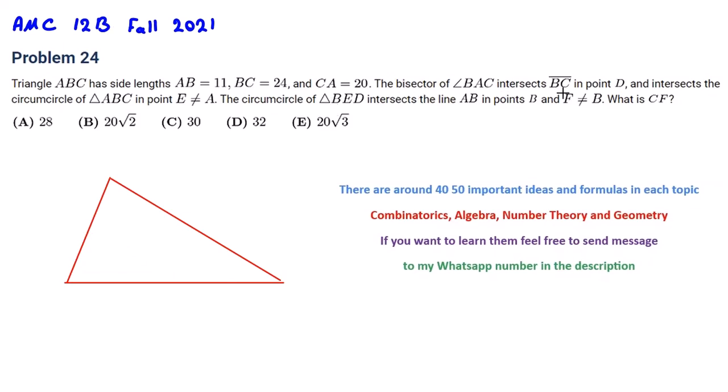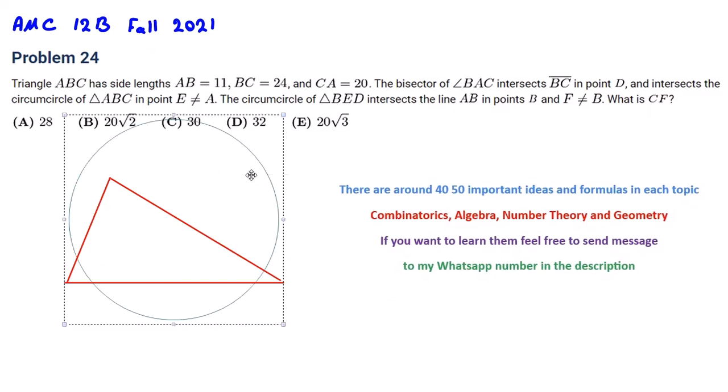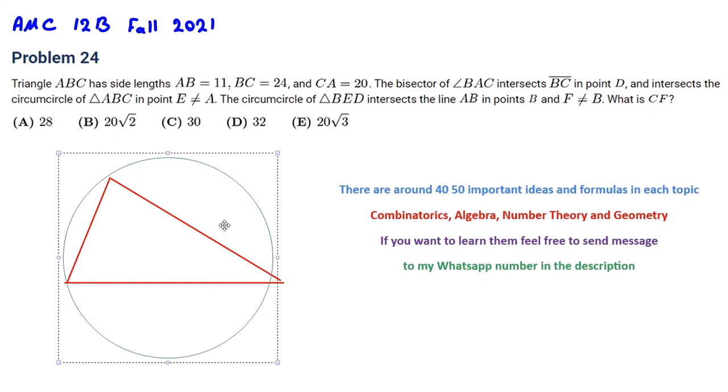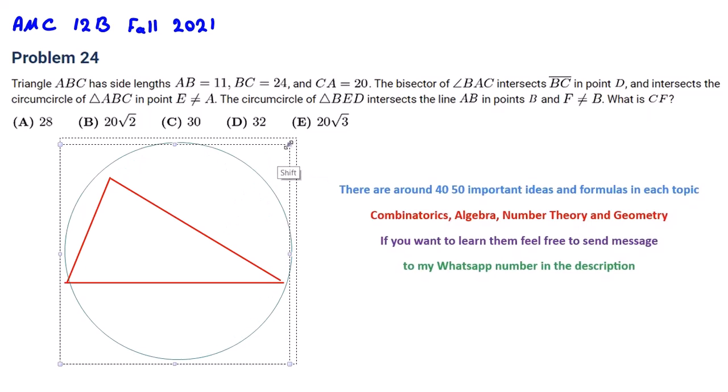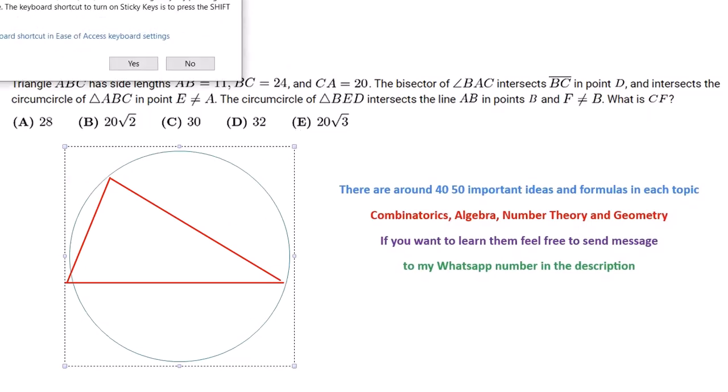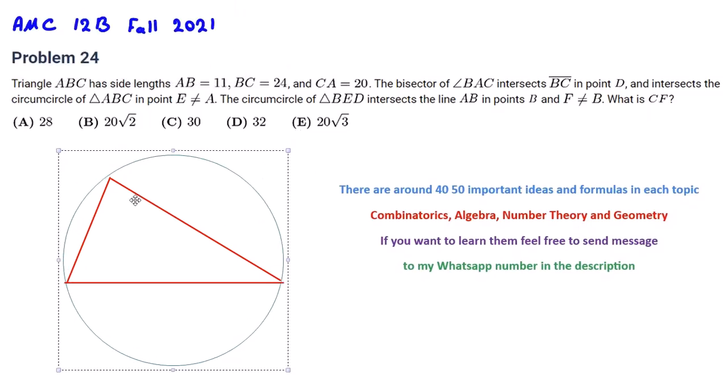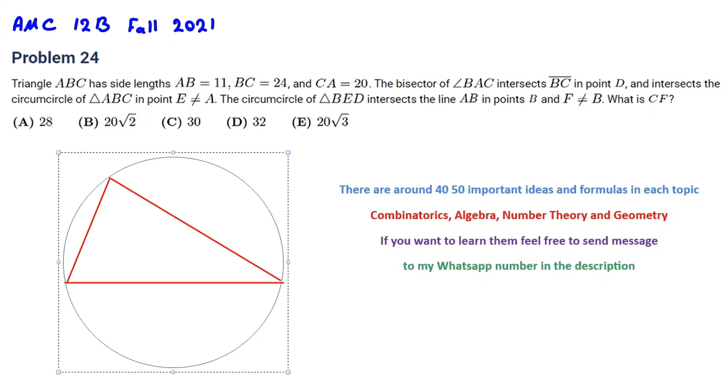The bisector of angle BAC intersects BC in point D and intersects the circumcircle of ABC in point E. So let's draw the circumcircle of ABC, a bit larger. Okay, now our triangle is this ABC, and let's draw the angle bisector.